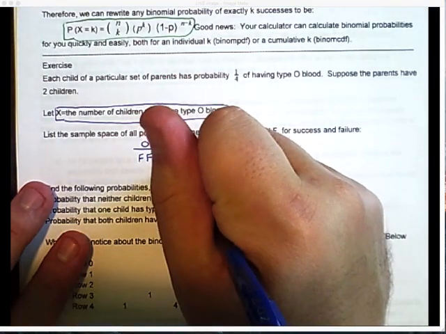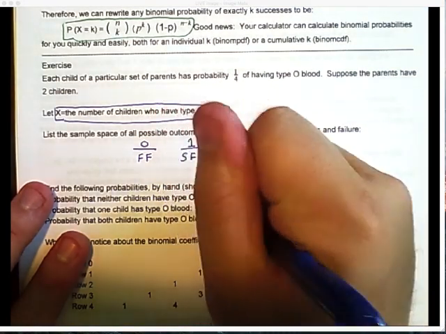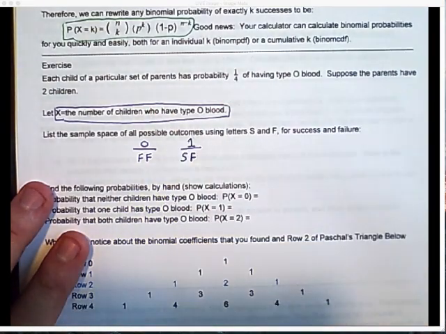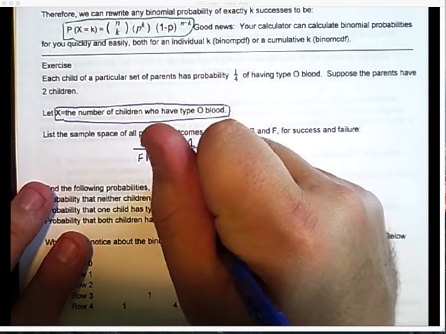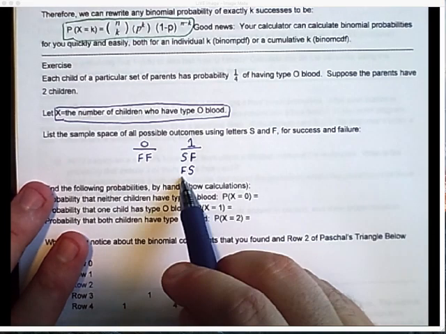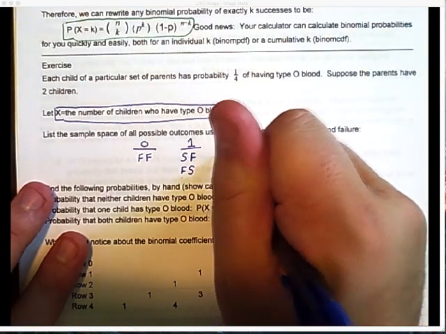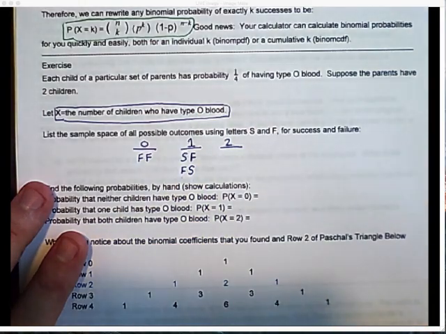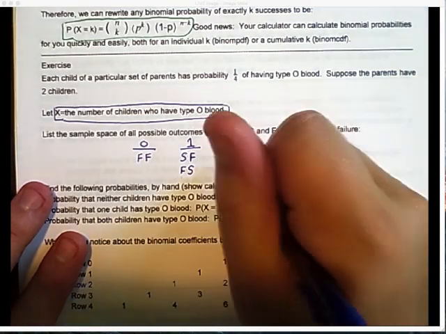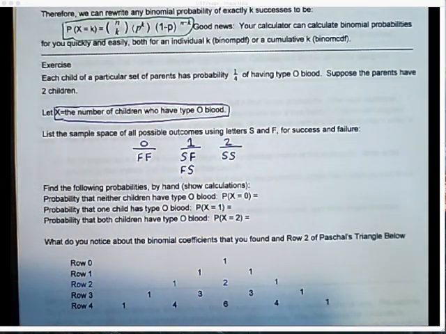Well, the first child can have type O blood, that would be a success, and the second child would not, so that would be a failure. Or it could be reversed: the first child could fail to have O blood, and the second child could be a success. Or we can have both children be successes. There's only one way to do that.